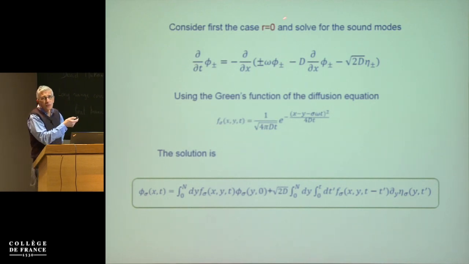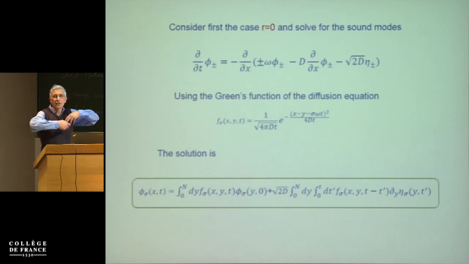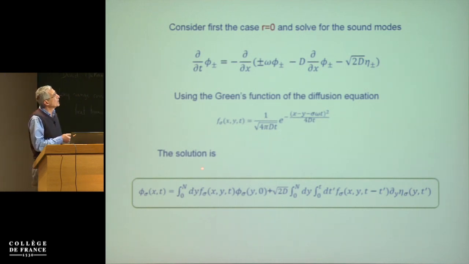Let's suppose r is equal to 0, so there is no reflection from the two ends. The Green's function of this diffusion equation, basically a diffusion equation with a propagating term, is just a Gaussian, right?